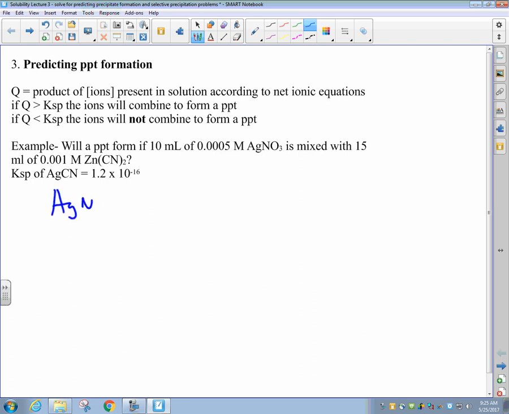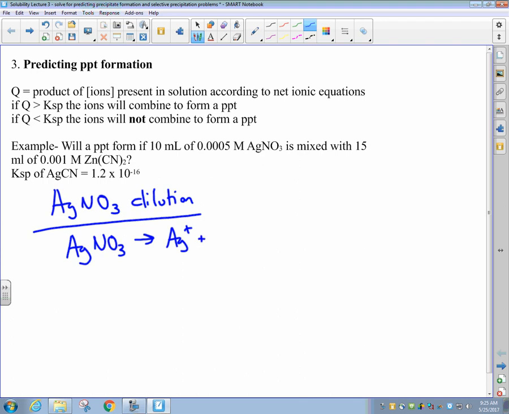We're going to look at the silver nitrate dilution. So silver nitrate is a soluble substance. It breaks apart into your silver ions and your nitrate ions. We will do the dilution formula, M1V1 equals M2V2. Our initial concentration of the silver nitrate is 0.0005.